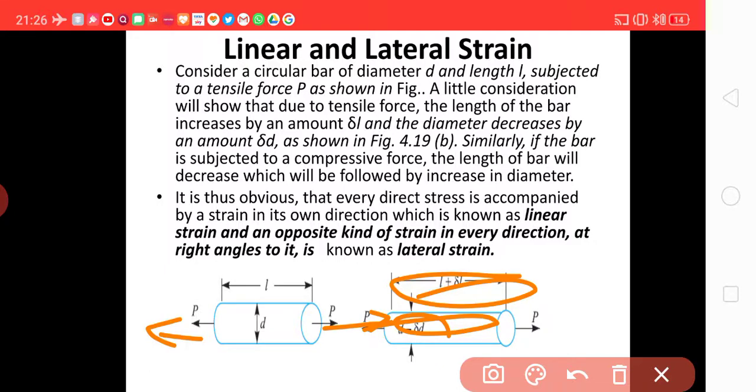It is thus obvious that every direct stress is accompanied by a strain in its own direction, which is known as linear strain, and an opposite kind of strain in every direction at right angle to it is known as lateral strain.